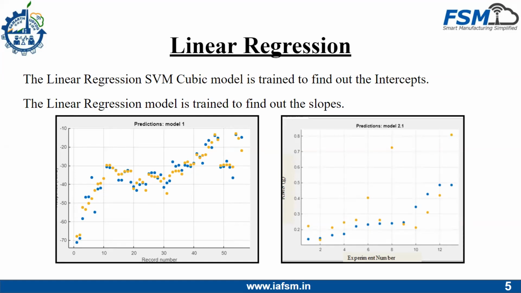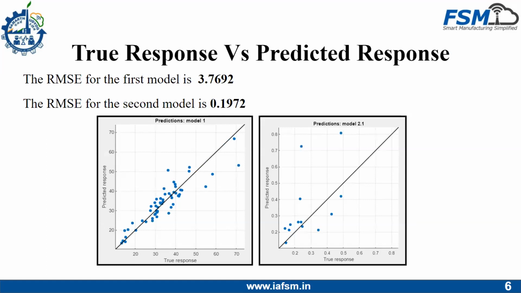The second model that we are seeing is a normal linear regression model. The number of data used here was very small, so the predictions were also somewhat far from the acceptable range. The first model's RMSE error was 3.7692.